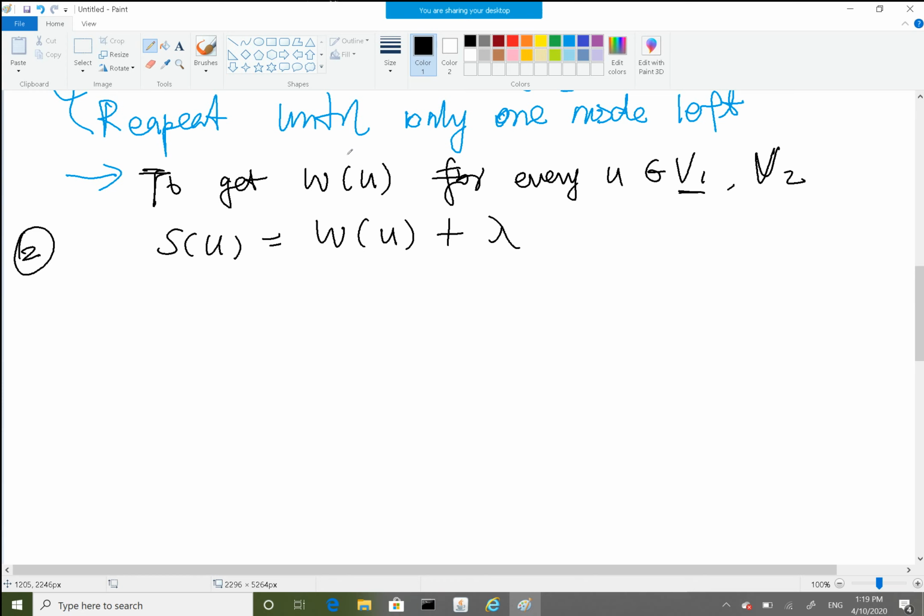Lambda here is used to calculate the edge weight contribution, and use W U V, where V belongs to N U.